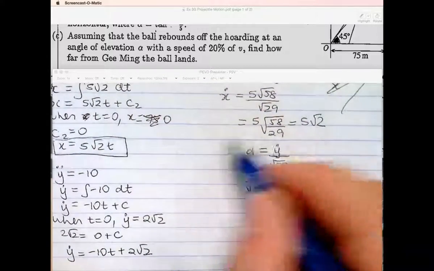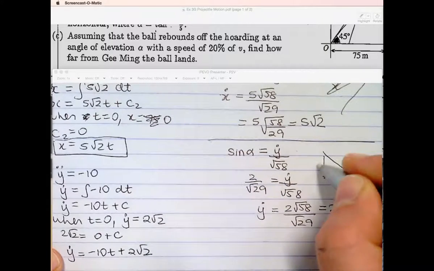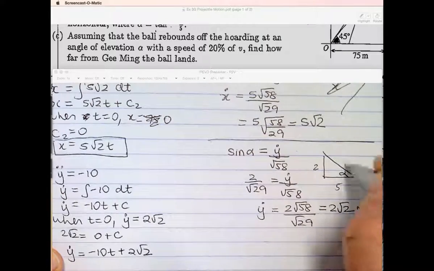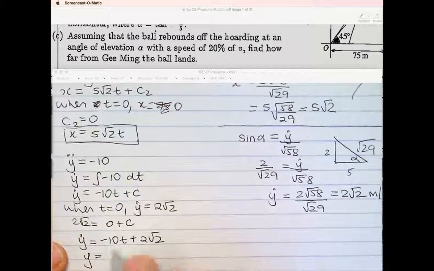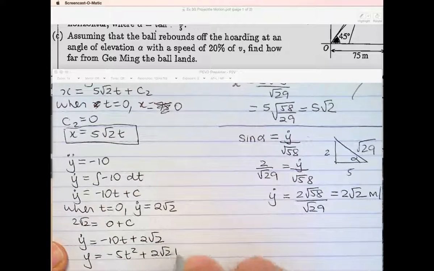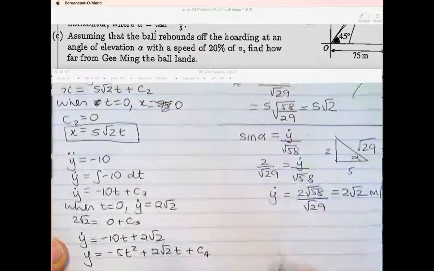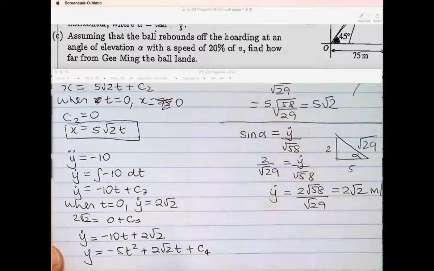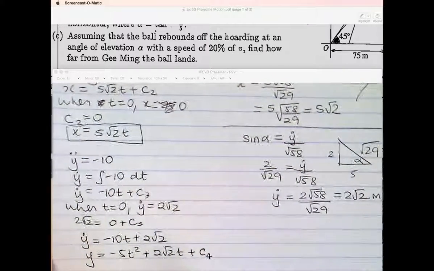Over here, sine alpha, that same equation, the same triangle. So girls, I'll just keep going. So y is the integral of that, which is negative 5t squared plus 2 root 2t plus c4. So is y 0? No. Yeah, I know it's the initial, but it's starting up high.